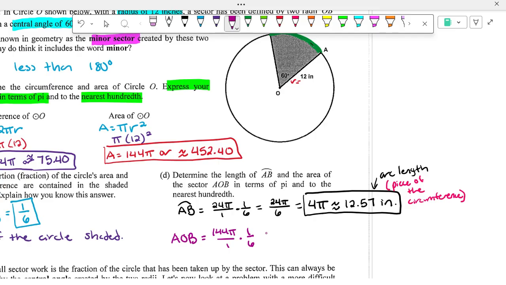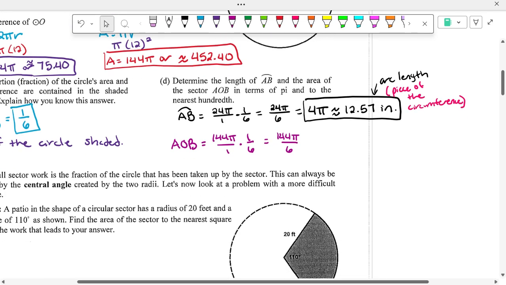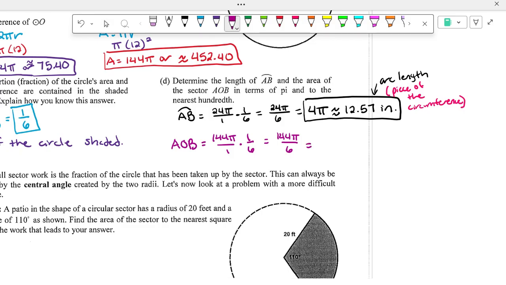So this would be 144 pi over 6. And what's 144 divided by 6? Anyone? 18. 24. Jason, there's this thing called a calculator. Try it. So 24 pi inches squared is your total sector area.